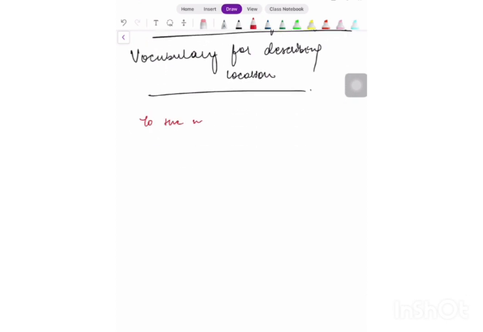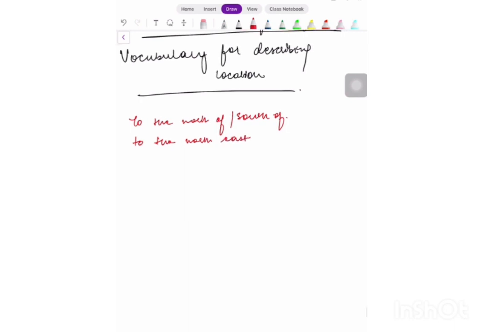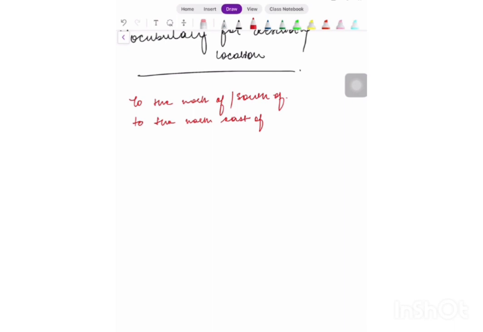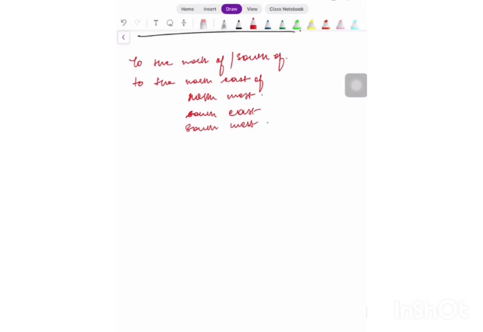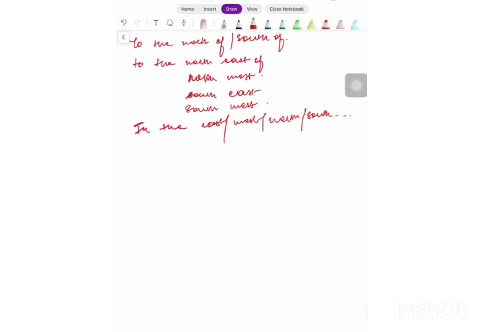To the north of, to the south of, to the northeast of, to the northwest of, to the southeast of, to the southwest of, in the east, west, north or south, on the south side of, or northern or southern.